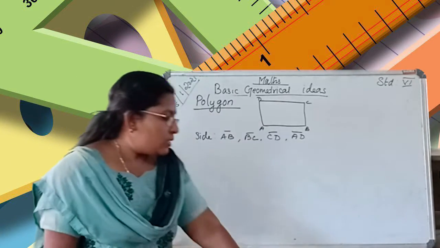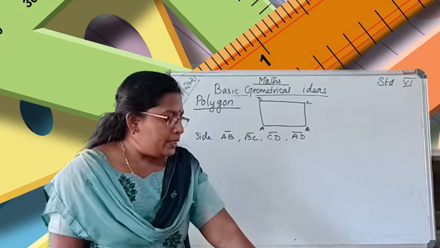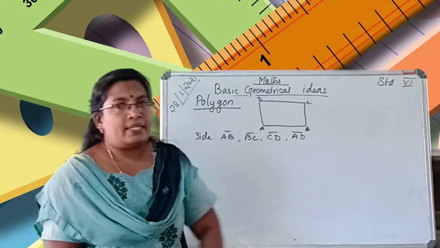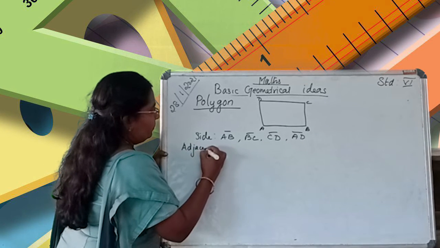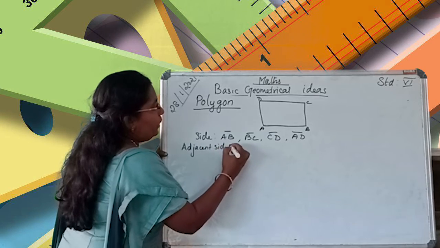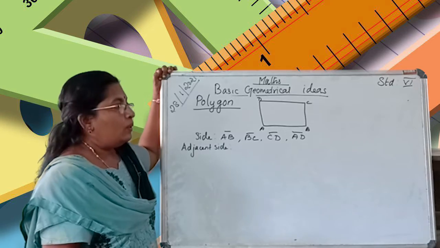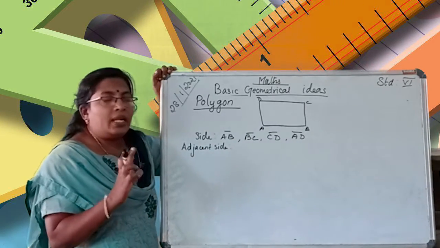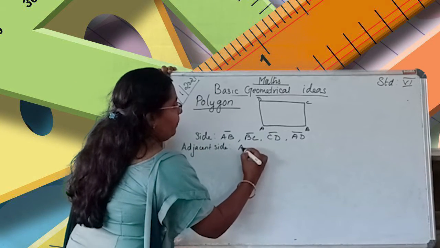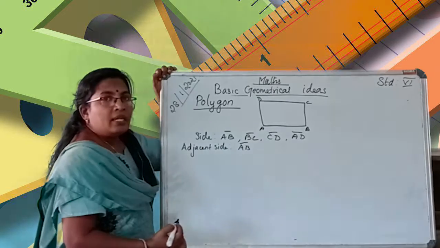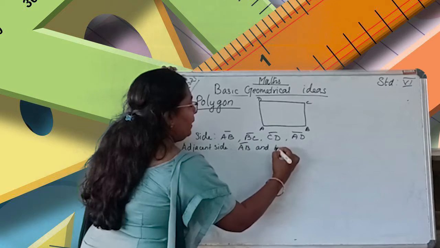Then next, adjacent sides. Any two sides that have a common point are adjacent sides. So see here, AB is adjacent to AD.